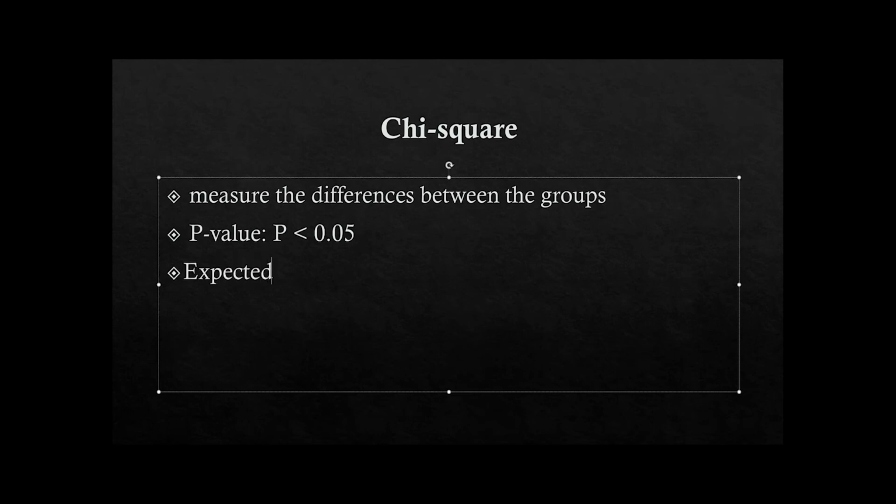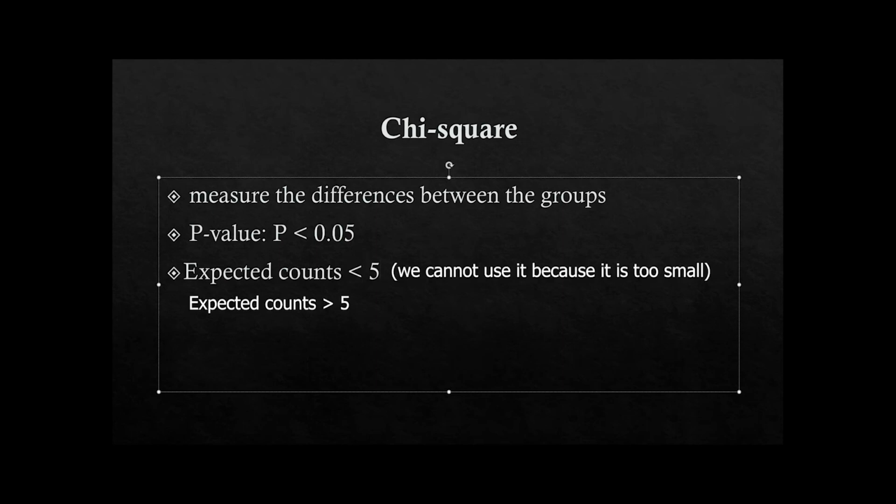But for our data, only 30 people is too little to see the p-value. So the expected count, if this is below 5 count, then we can't use this one as a chi-square.